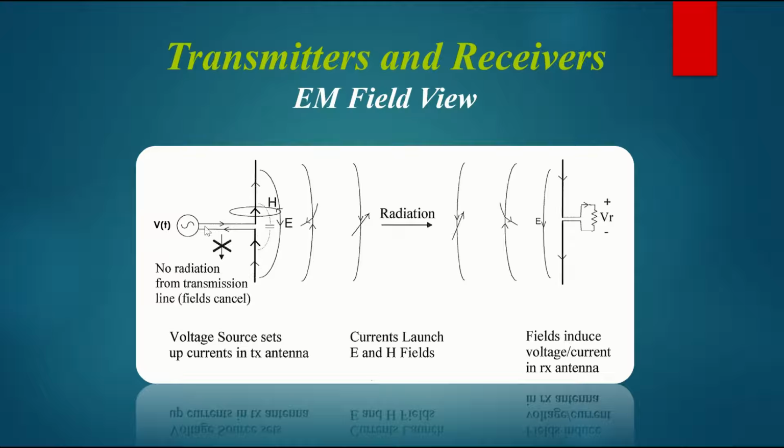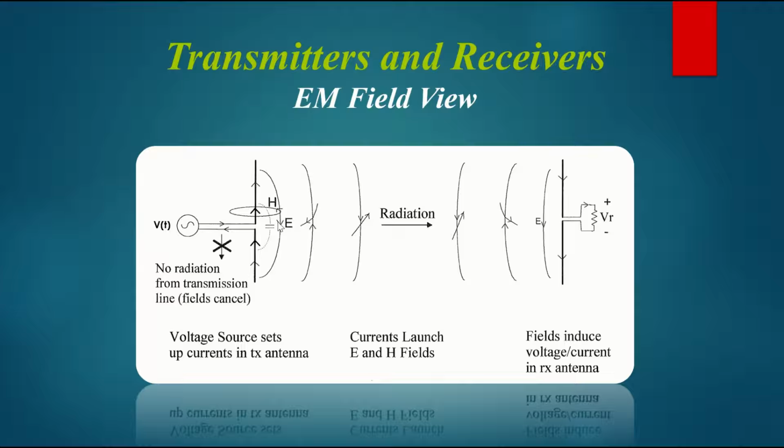As the voltage changes, those charges are moving in and out of these wires, and that creates currents. And what do those currents do? They create magnetic fields, here denoted as H, around the wire. So you have an electric field here running sort of vertically, and then you have a magnetic field perpendicular to that.